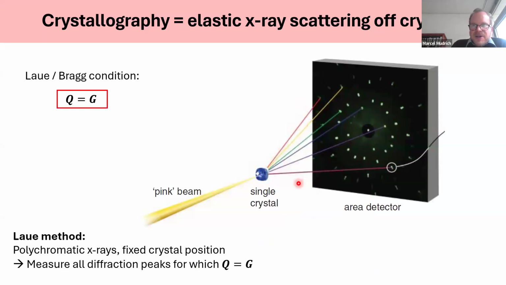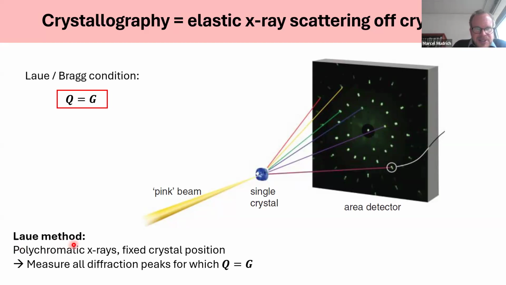So if we want to get a diffraction pattern that shows many constructive interference beams, this is recorded using the so-called Laue method.